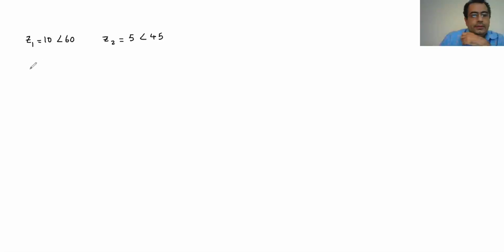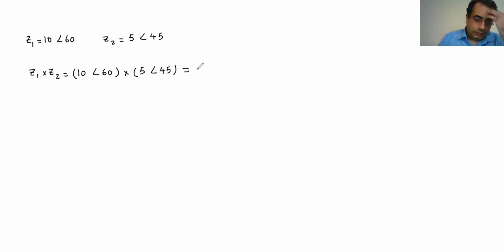So this time Z1 times Z2 is going to be 10 with angle of 60 times 5 with angle of 45. Now let me convert them to exponential format. It's going to be very easy. So it's going to be 10 e to the power of j60 times 5 e to the power of j45.